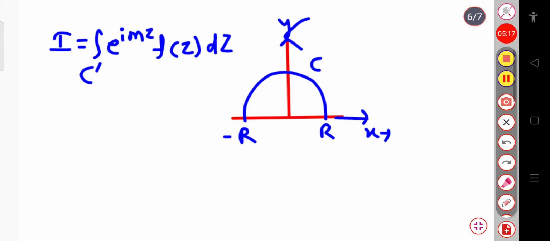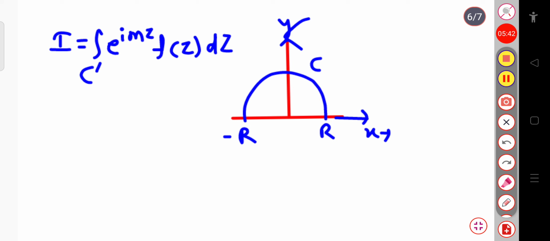First of all, I will derive the general expression, and after that I will give an example. Suppose I equals the integration over C prime. C prime means you first calculate for the closed contour C, the upper half plane part, and then again along the diameter. So I am saying that this is for the total contour C prime.